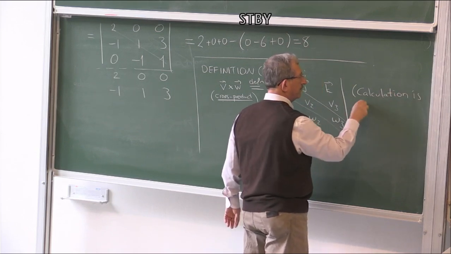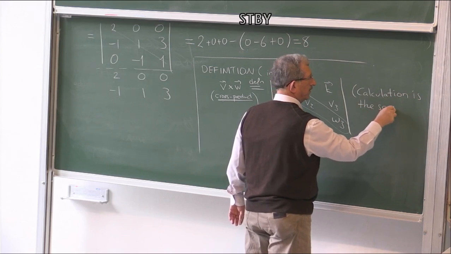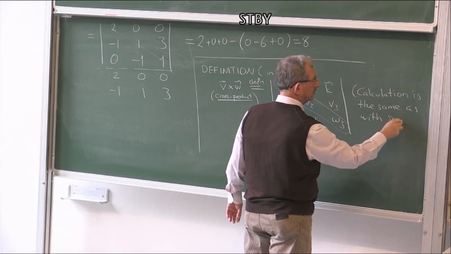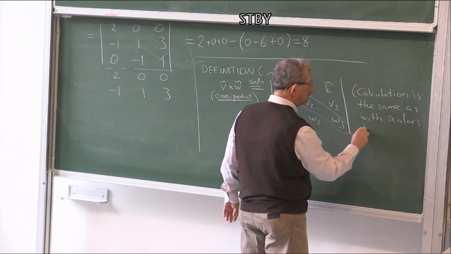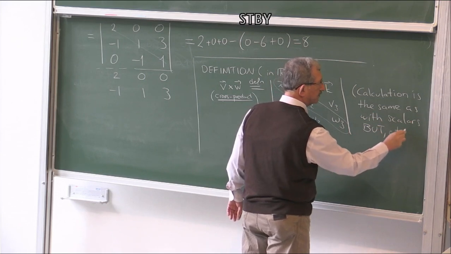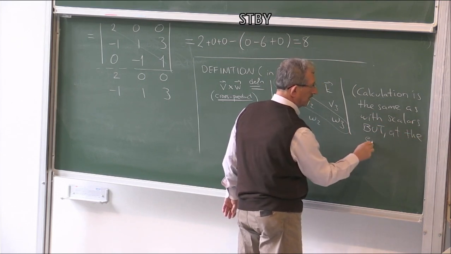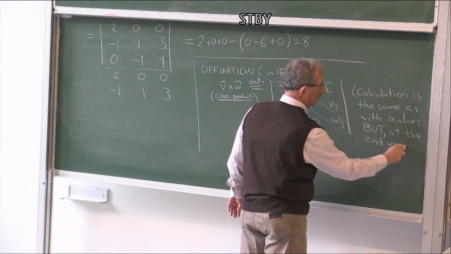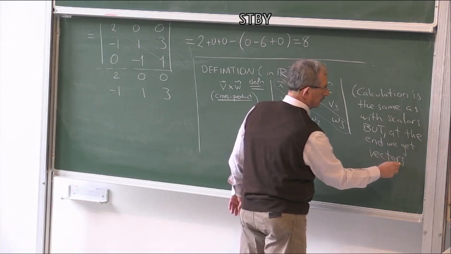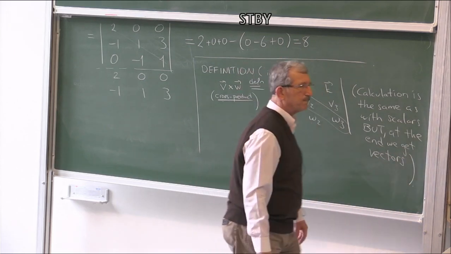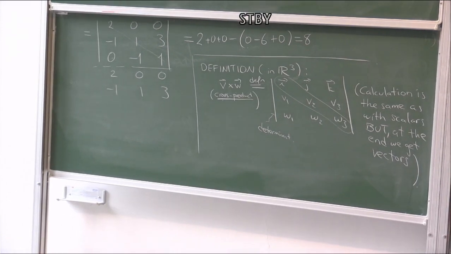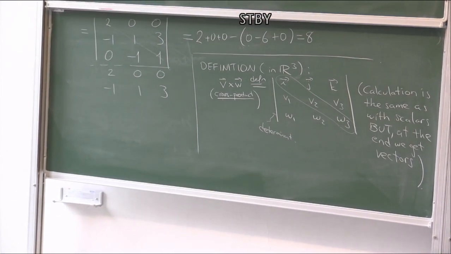So in this determinant, the calculation is the same as with scalars, but at the end we get vectors. Now it will be better understood in some examples.